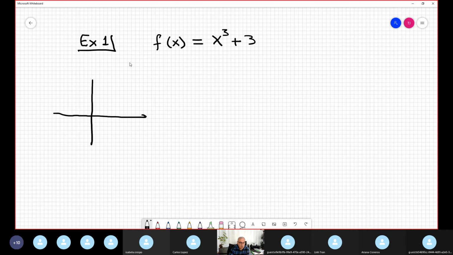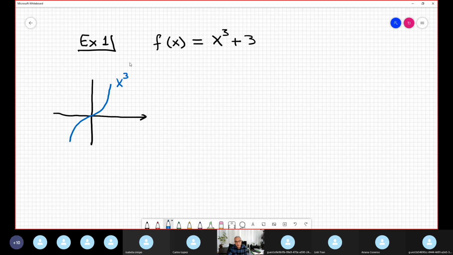suppose by hand, okay, the graph of x cubed is something like that. This is the graph of x cubed. It's a typical odd function. But the graph of x cubed plus 3 is similar, because the only thing we are doing is a transformation, 3 units up.